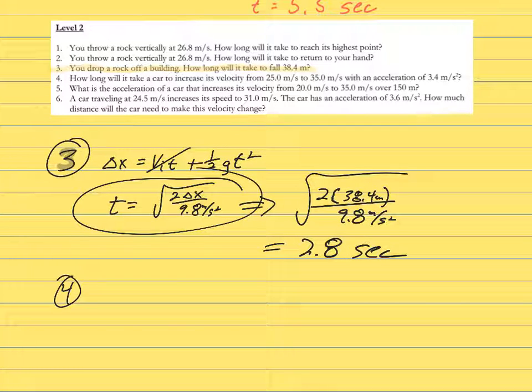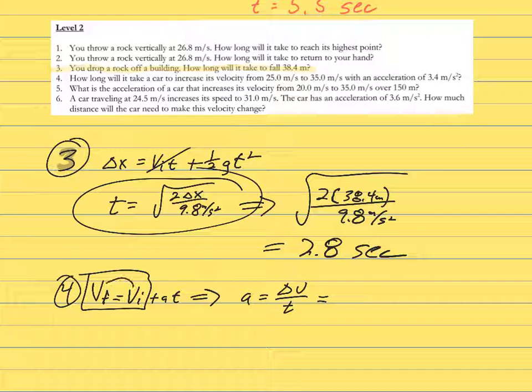4, how long will it take? Well, VF minus VI equals AT. That's really just A equals change in V over T, right? And we said change in V is VF minus VI. So A equals VF minus VI over T. My final velocity is 35.